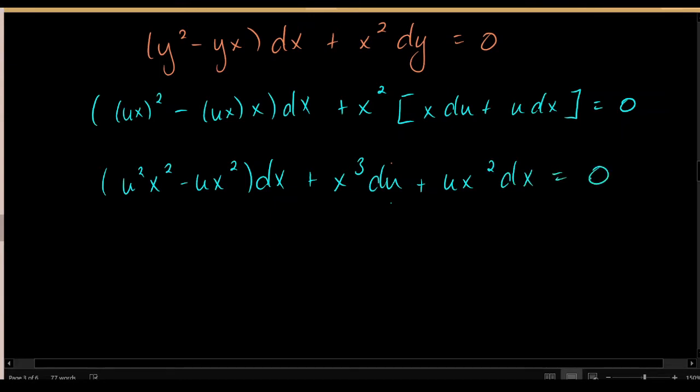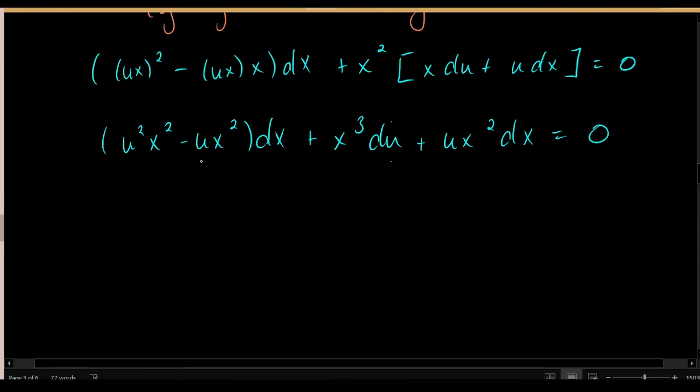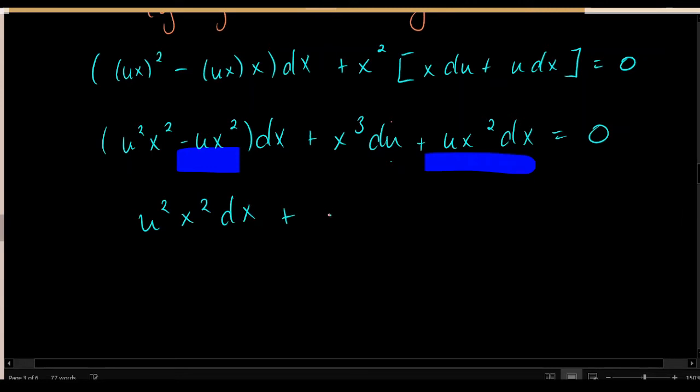Now behold, we have here the term negative ux squared dx and the term positive ux squared dx. So if we combine those terms, they're going to cancel out. And we get u squared x squared dx plus x cubed du equals 0.